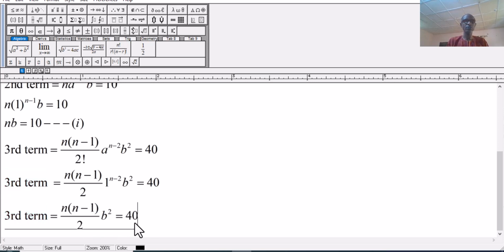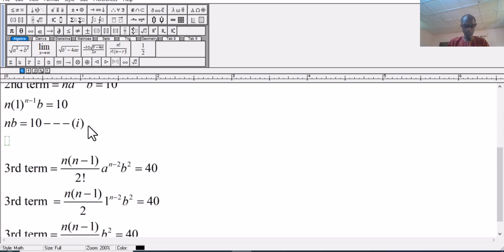Now if you look at our equation 1, we have b, and here we have b squared. So the best thing is to square both sides.